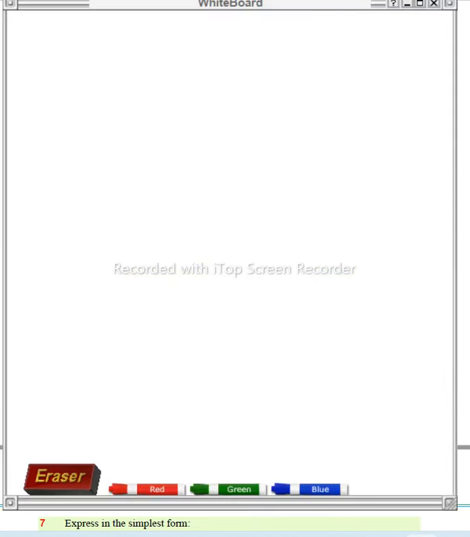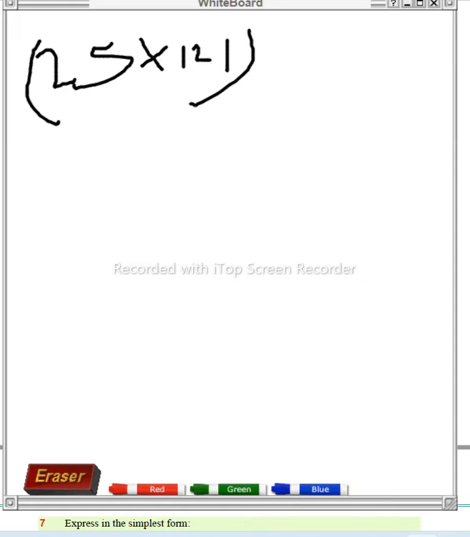So let us see this again. Let us write. The question says that 25 times 121 the power of 1 over 2. Here 25 means 5 times 5.